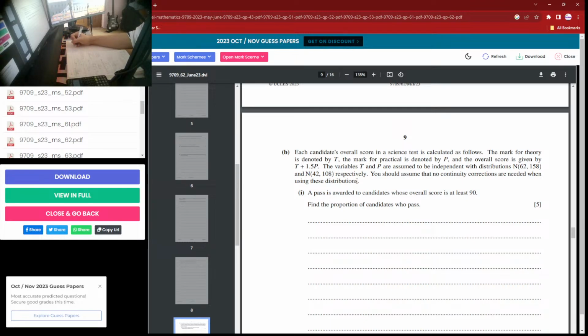So you would have 108 plus 1.5 times... No, sorry, the previous is 158, the other one is 108. That should give you 158 plus 1.5 times 108, which is 320.